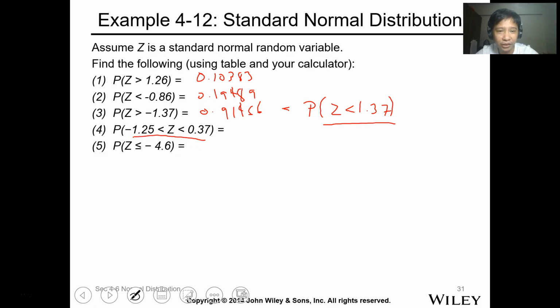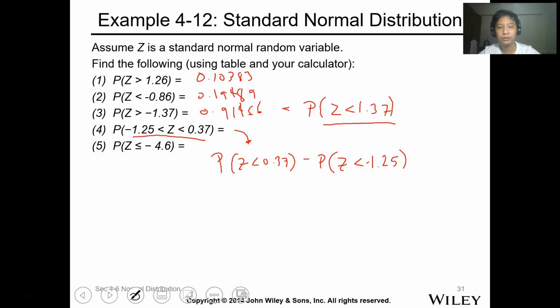Now, paano to gagawin, yung dalawa? So, basically, you just get the probability of Z less than 0.37 minus the probability of Z less than negative 1.25. Okay? Ayan.